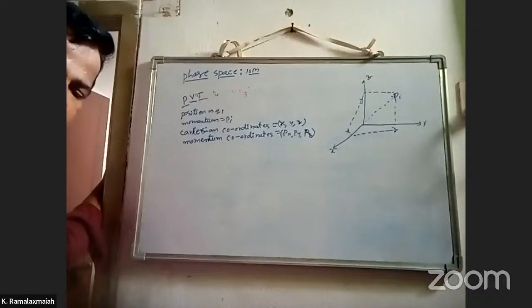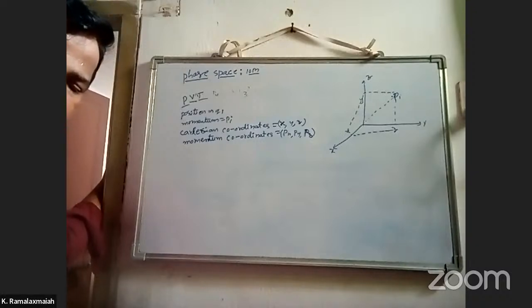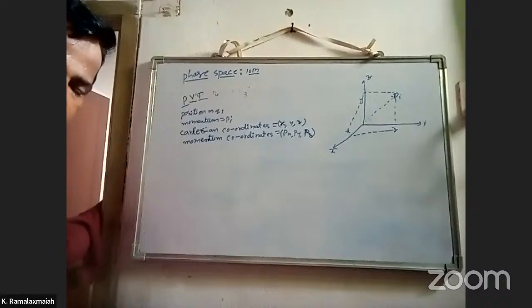Let us imagine the six-dimensional space in which coordinates x comma y comma z and momentum coordinates px comma py comma pz are measured along six mutually perpendicular axes in space.